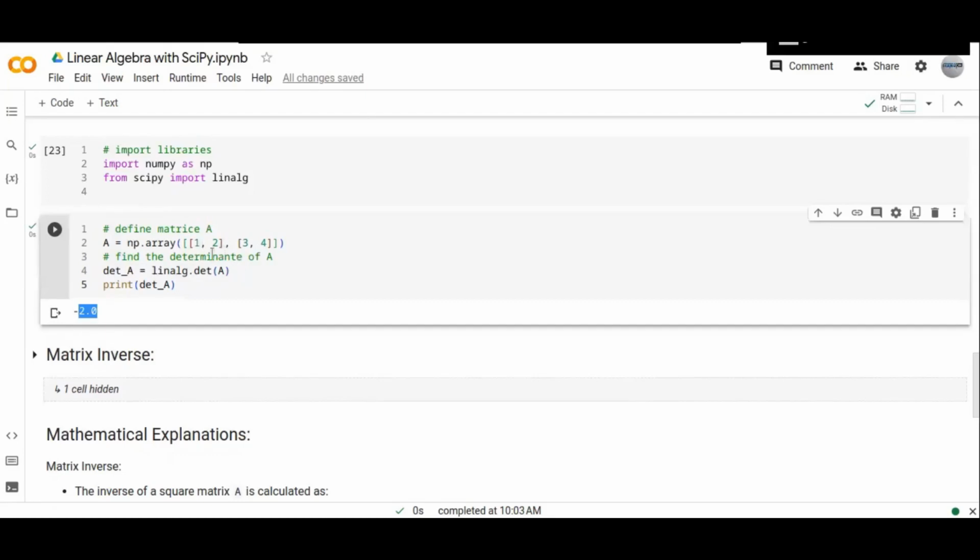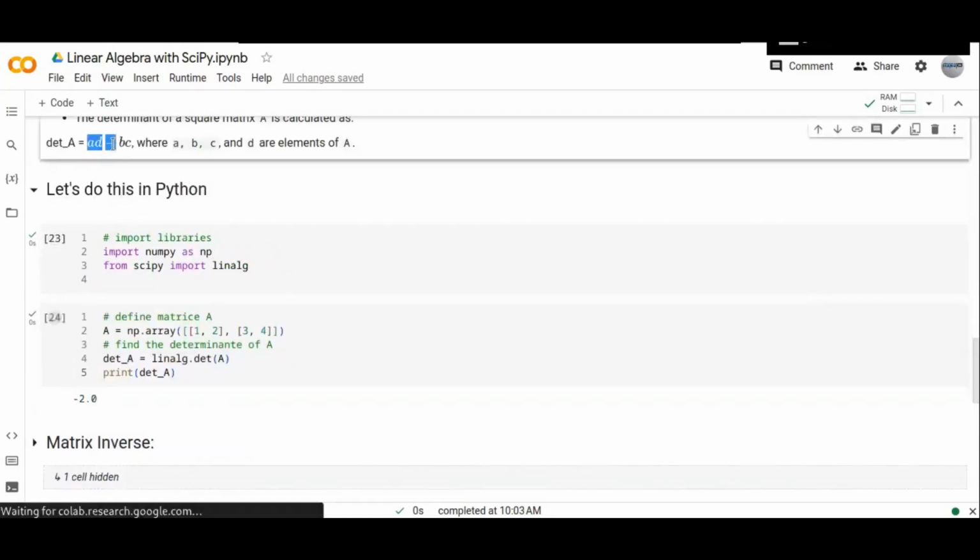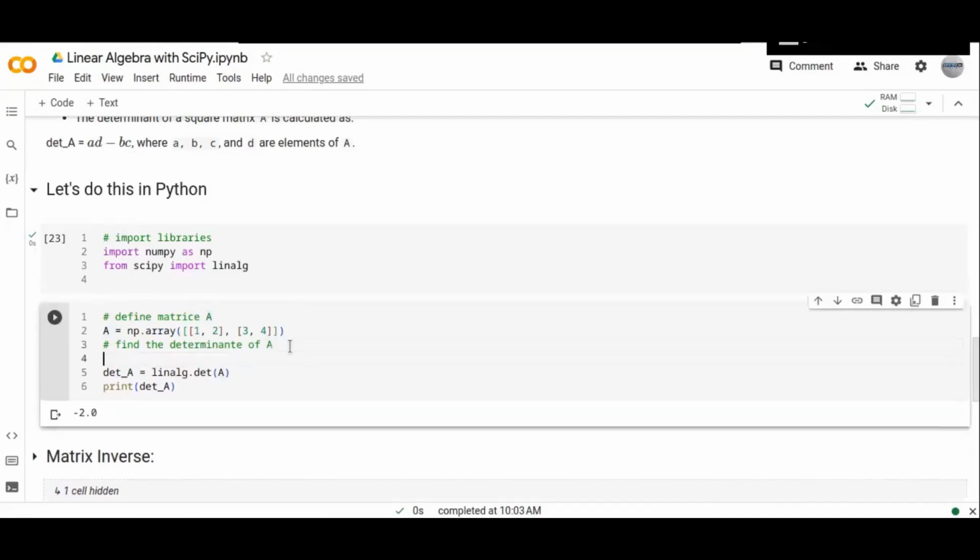This is based on the calculation of this. Let's do this manually.